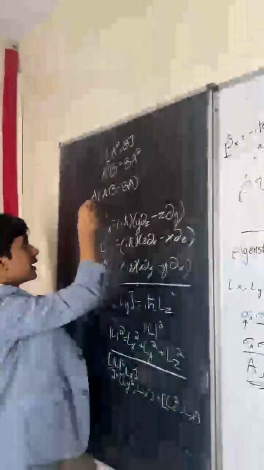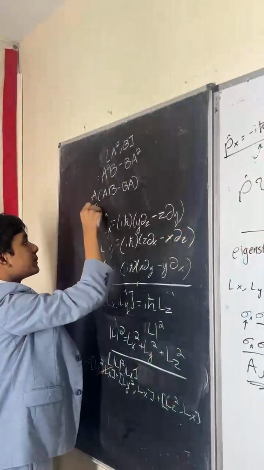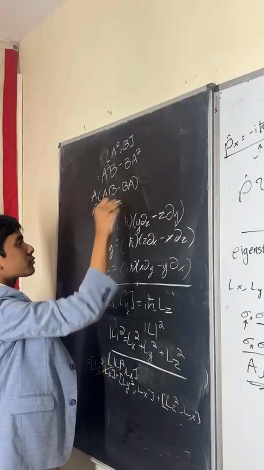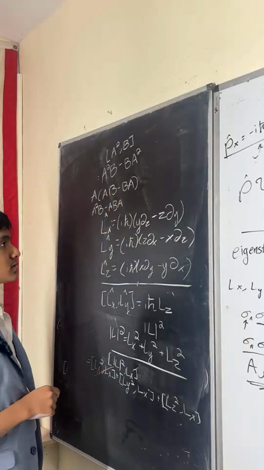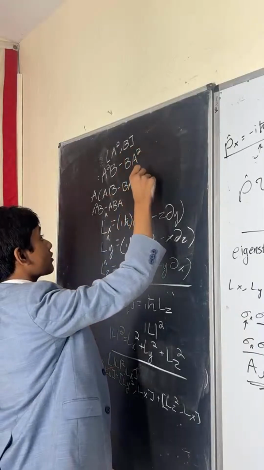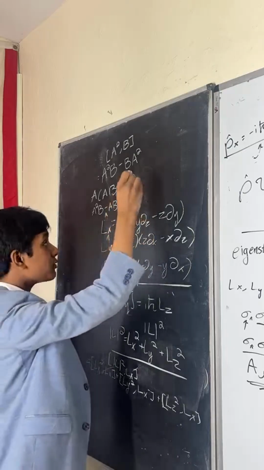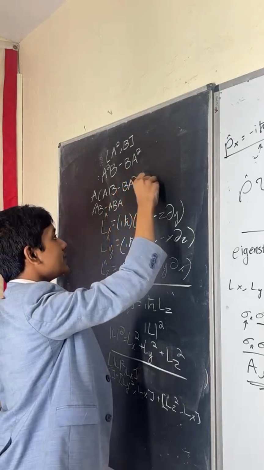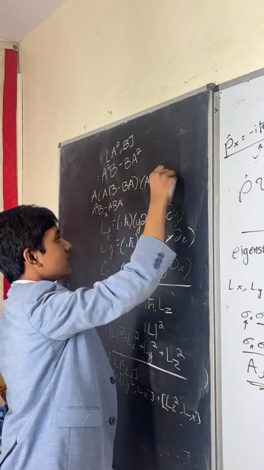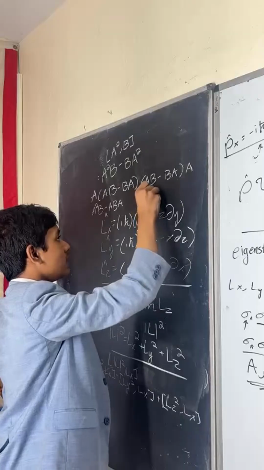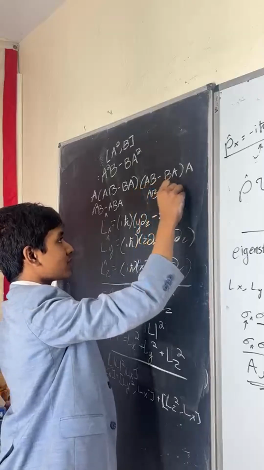If we write it this way, we get a squared b minus aba. Remember, operators don't commute with other operators unless we're under very specific circumstances. And if we apply it the other way, we get ab minus ba times a. Well, that's aba minus ba squared.